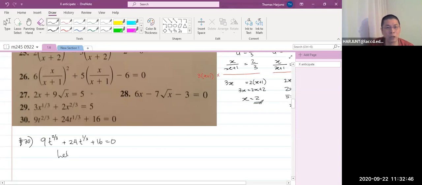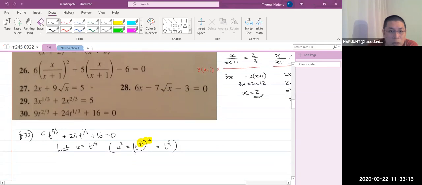When we square t to the 1/3, we multiply the exponent. I wonder if you remember that. 1/3 times 2 will be 2/3. Therefore, we get this equation now.